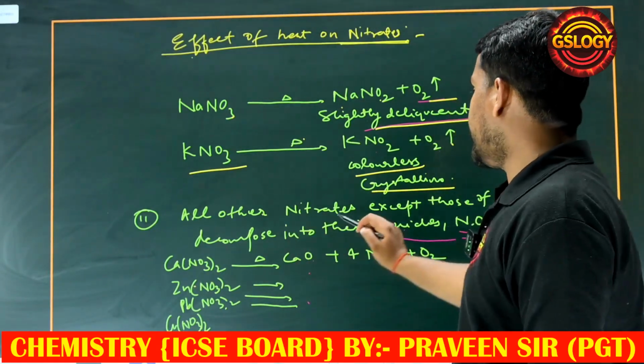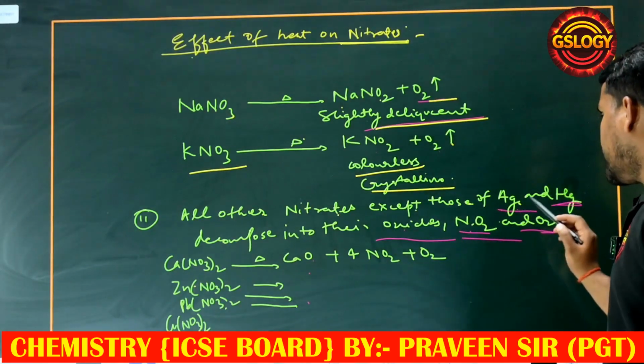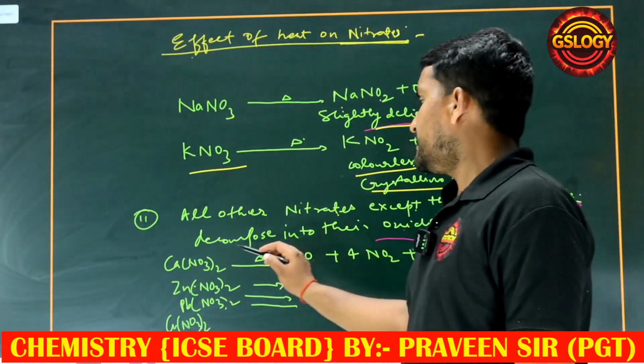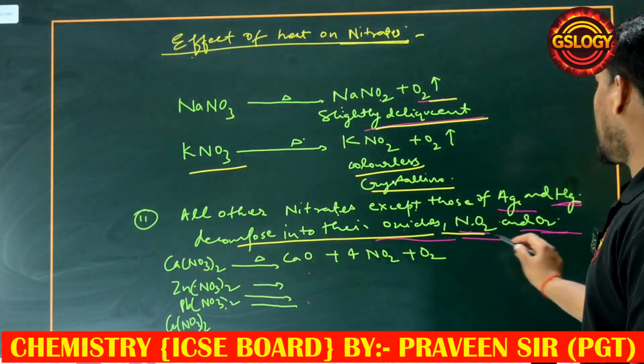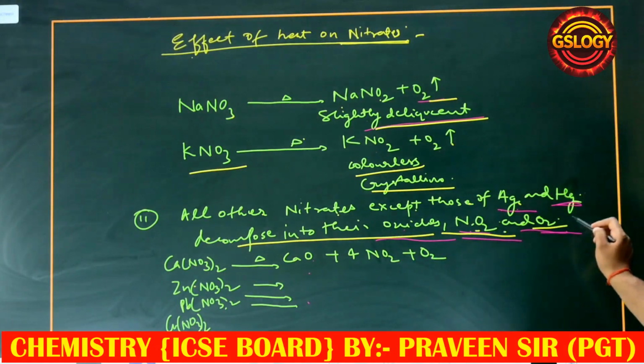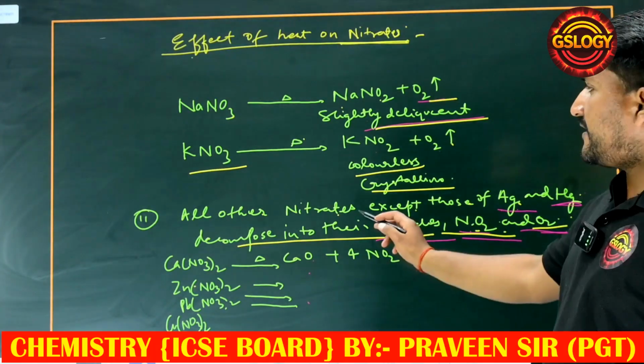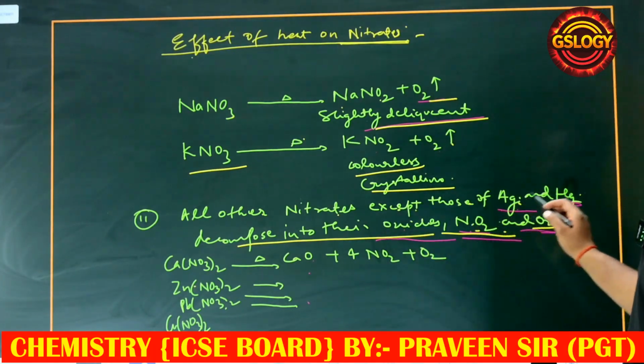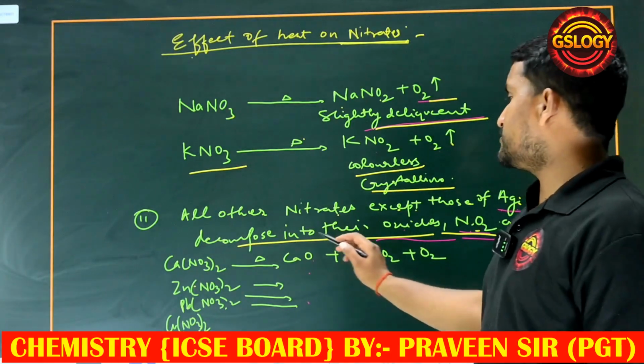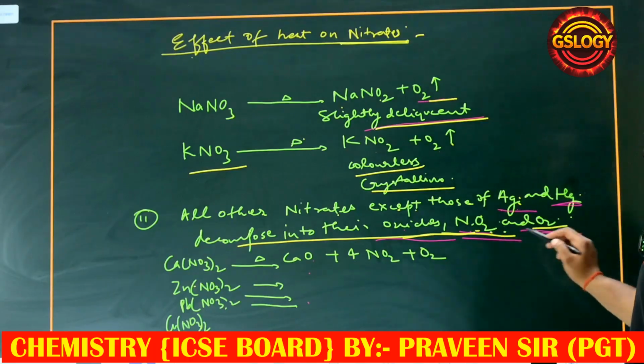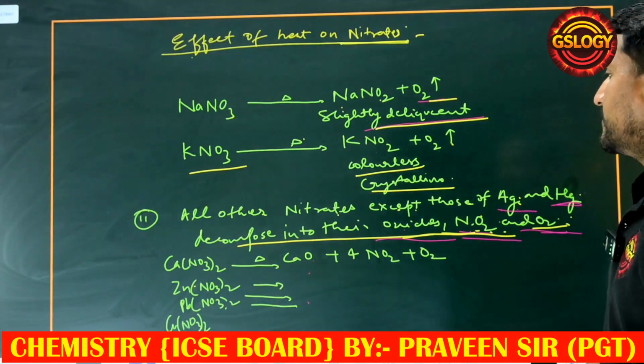All other nitrates except those of Ag and Hg decompose into their oxide, NO2, and oxygen.